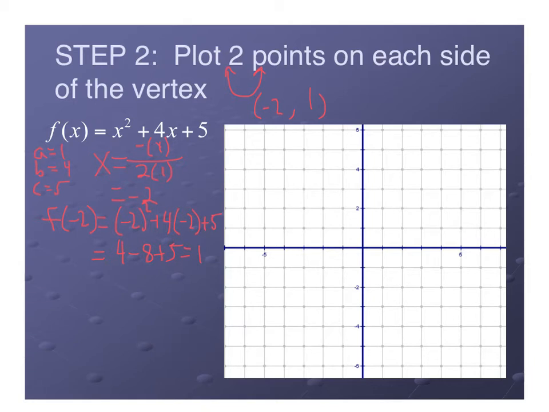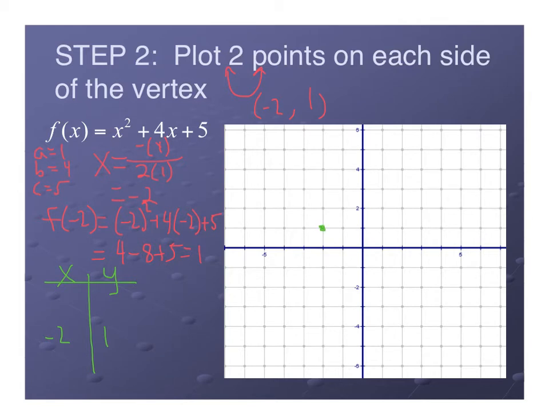Now I need to pick some other points. This is where sometimes we have some confusion, but hopefully we will be A-okay because you guys are rock stars at math. Well, my vertex is negative 2, 1. So that's like my middle point. I'm going to pick 2 to the left and 2 to the right. So let's plot that point. Negative 2, positive 1 goes right here on the graph.